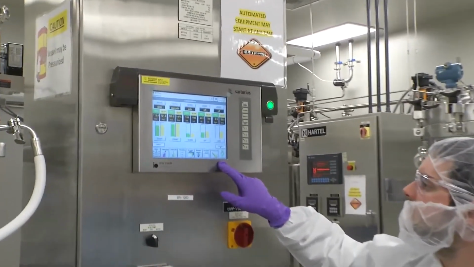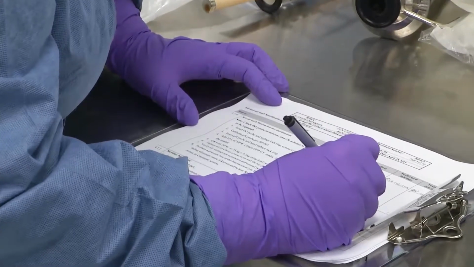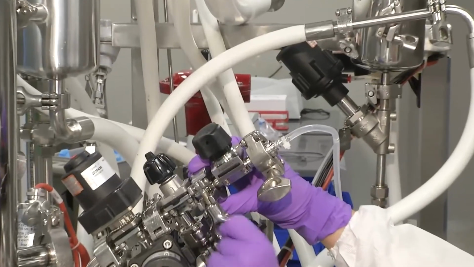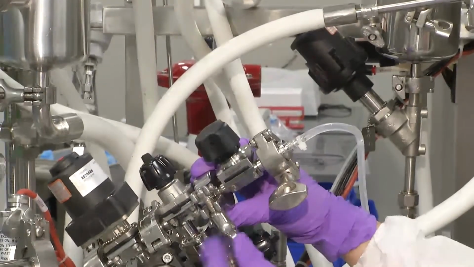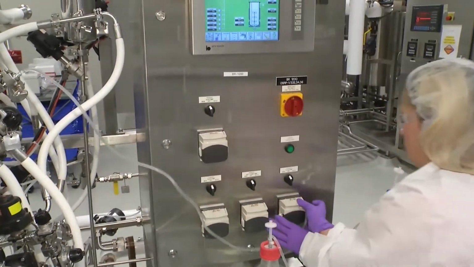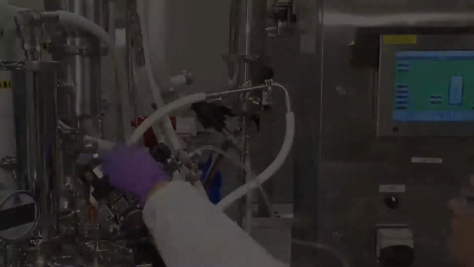and the SIP cycle completes automatically. Both the vessel and the media are now sterile, and we're ready to add the final ingredients to our media. The glucose hose is attached to the vessel, the connection is steamed to sterilize it, and the separately sterilized glucose antibiotic solution is pumped into the vessel.